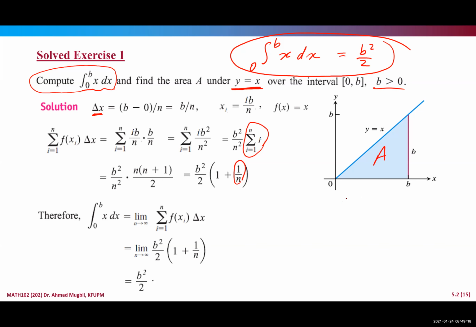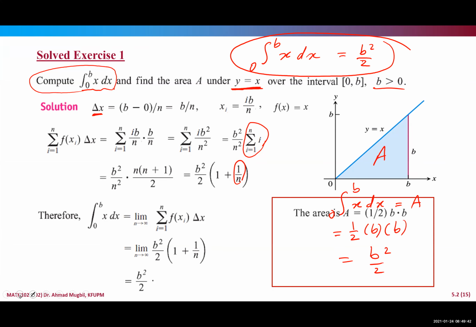Or in other words, the integral from 0 to b of x dx equals the area here. What is the area of this, ya shabab? It is a half. What is the base? It is b. What is the height? It is b. So it is b squared over 2. The same. So the areas can help us, ya shabab, so much to find the definite integrals.